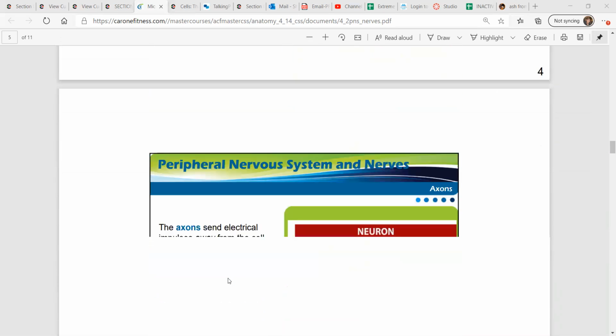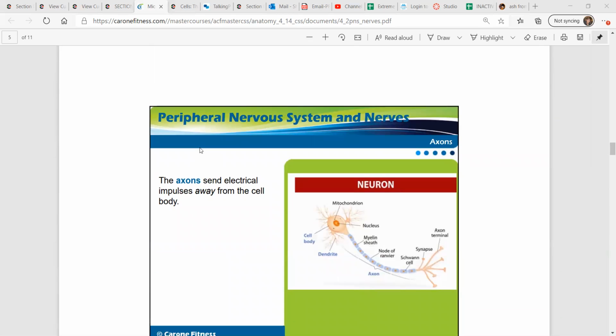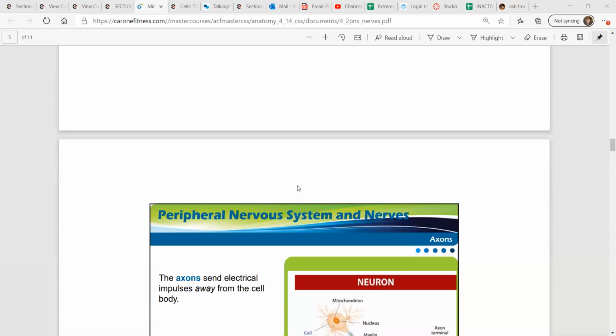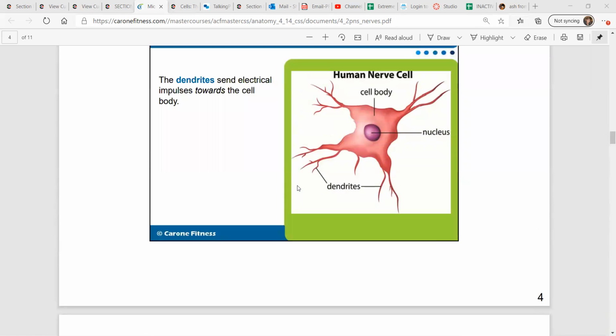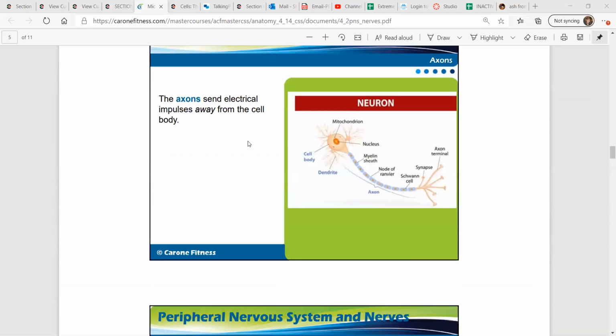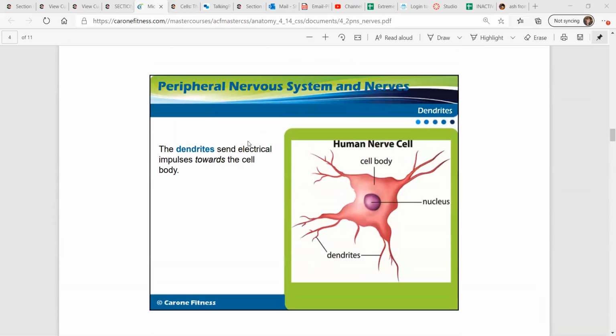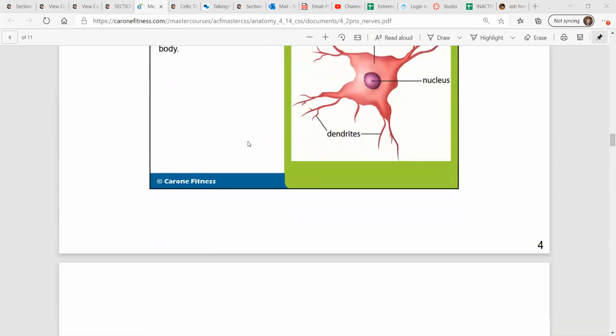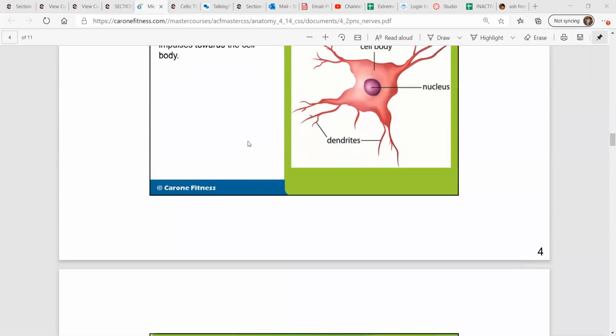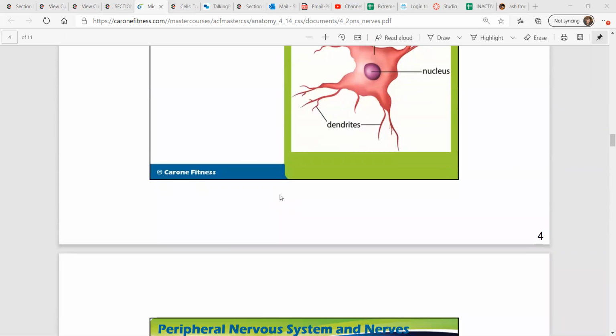So think of axons, A, away, axons, A, away. So A's go together here. Axons send electrical impulses away. Dendrites receive impulses, and they send them towards the cell body. Away from cell body, axons, towards cell body, dendrites. Okay, so keep those two straight in your own mind.